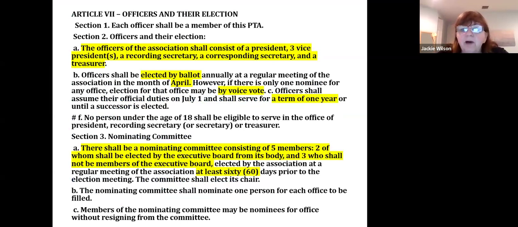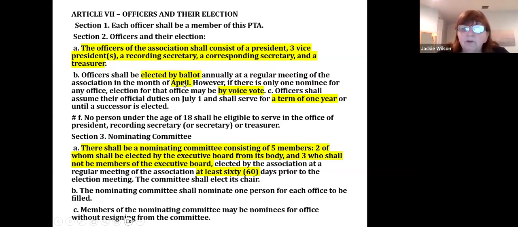So here's a section of the bylaws of a typical unit. Here are the officers. This particular unit has a president, 3 vice presidents, a recording secretary, a corresponding secretary, and a treasurer. So these are the officers in that unit, and those are the positions for which you will need to nominate people. Officers are elected by ballot in the month of April.